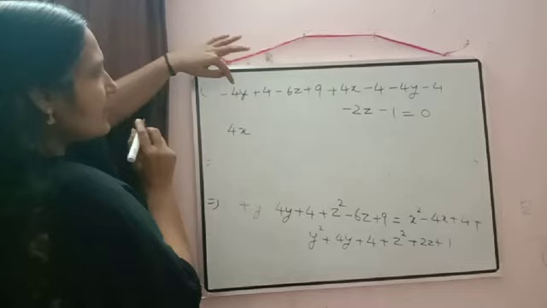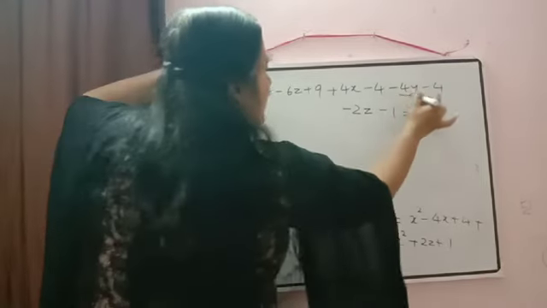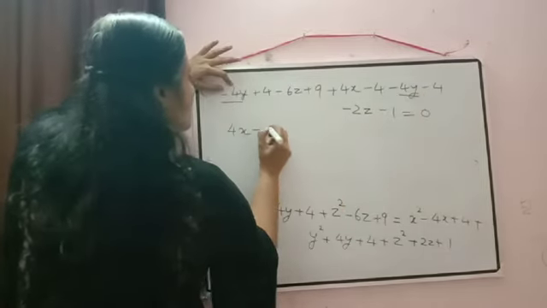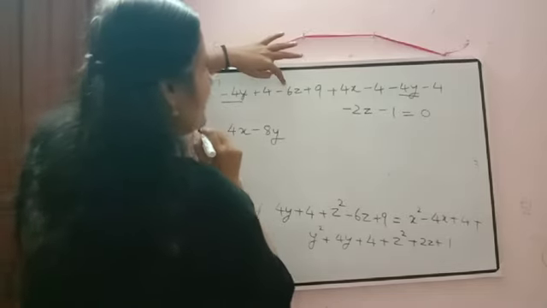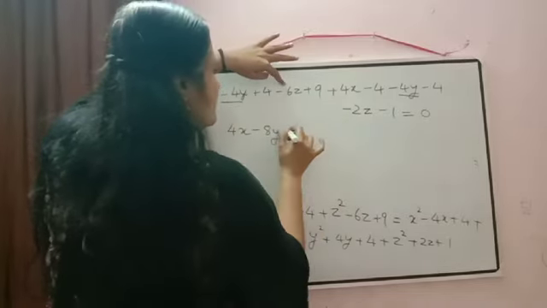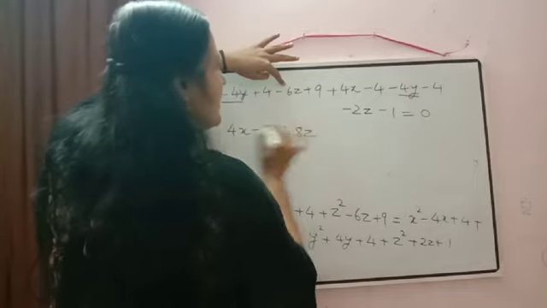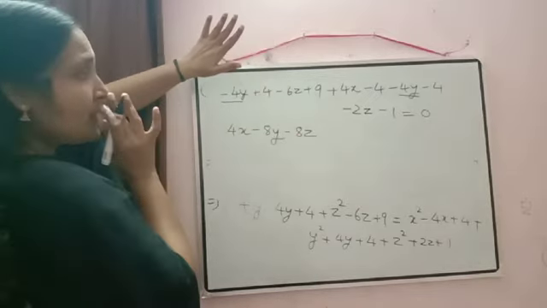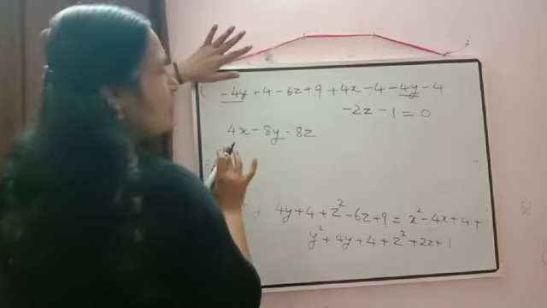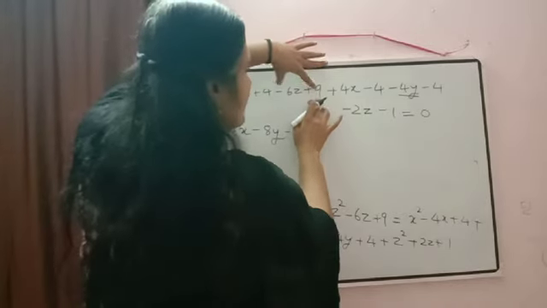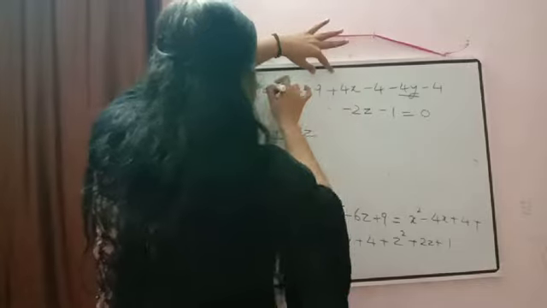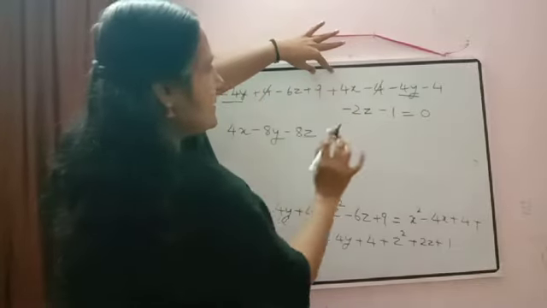Now just to check here. Minus 4y minus 4y will be equal to minus 8y. Then minus 6z minus 2z will be equal to minus 8z. So I think x, y, z terms are over. Then next 4 plus 9, 13. 4 and minus 4 cancelled here.